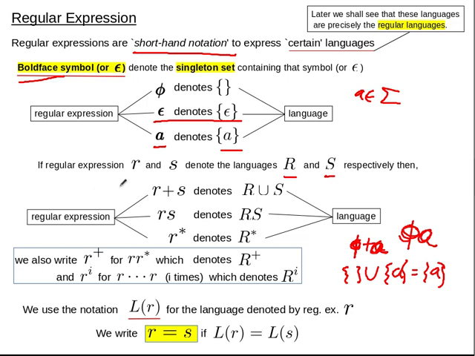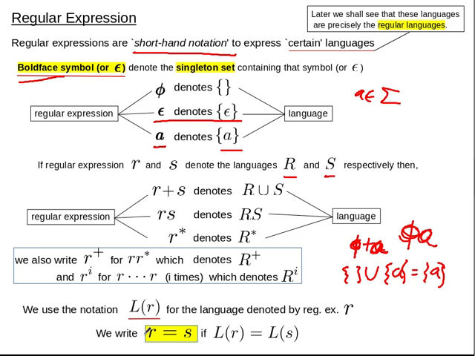And similar to this capital R star, we also use this plus here. This is strictly speaking not part of the definition of regular expression. These are just some syntactic sugar and some extension of the basic definition, you can say. And again, similarly, this R^i is R repeated i times.